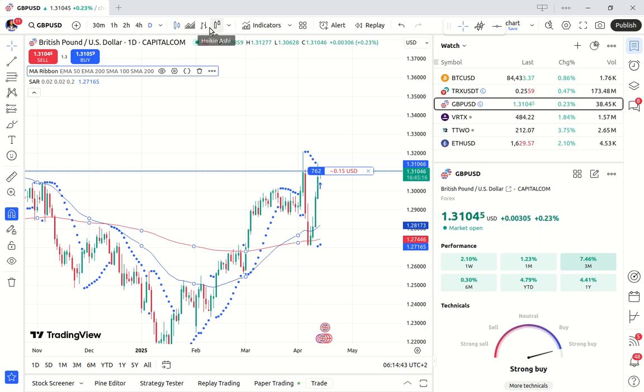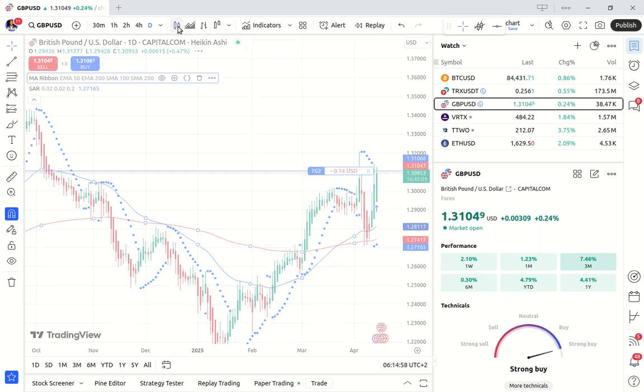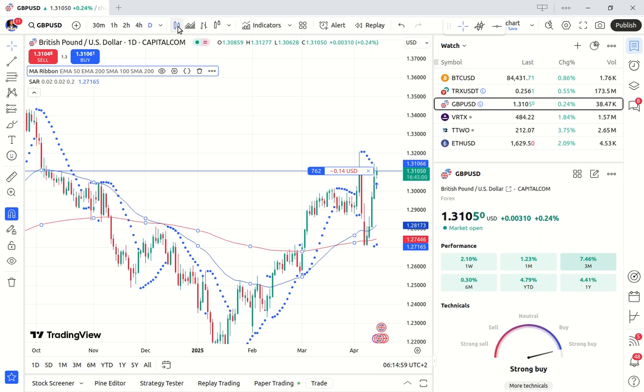The Heikin Ashi is based, I believe, I could be wrong, on the opening price. And they're saying if you base the parabolic SAR on the opening price, like this chart here, you are likely going to get a 63% win rate.